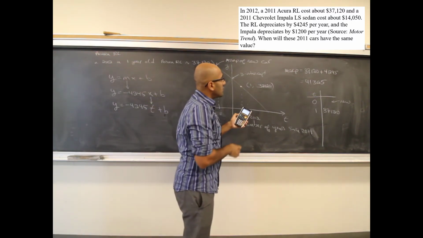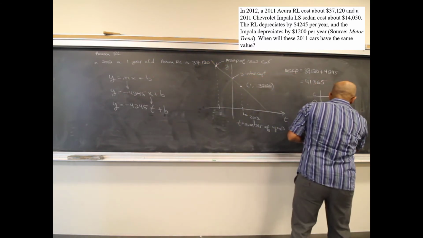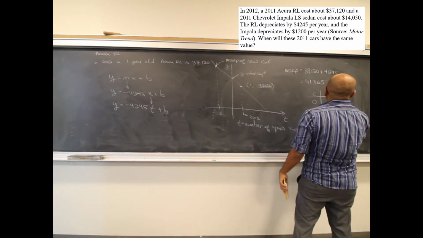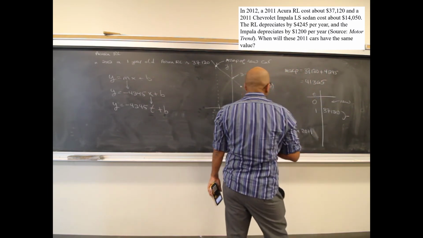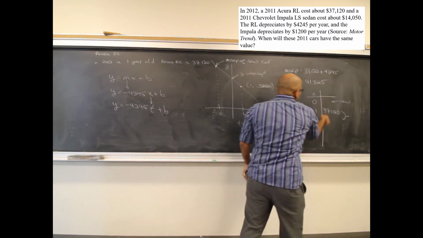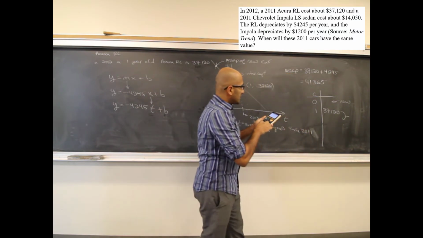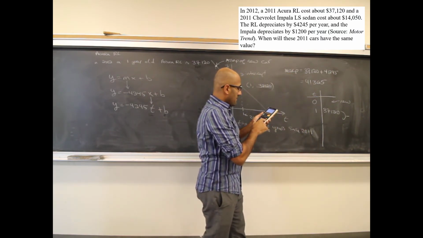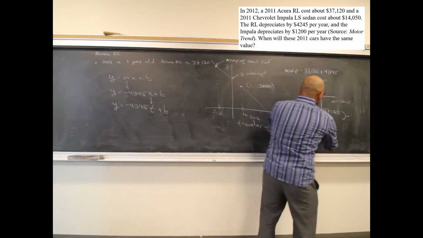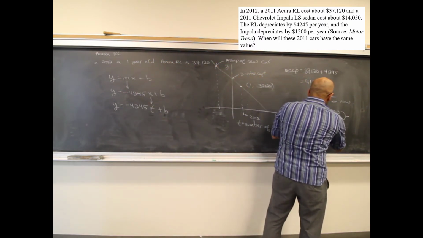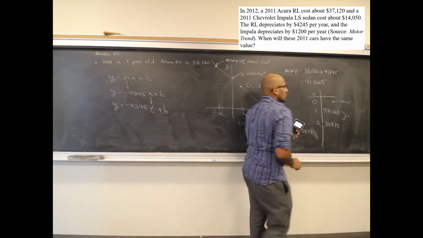So I know that from there to there, it's going to lose $4,245 from this step to this step. So 37,120 minus 4,245. I know the next one is going to be 32,875 after 2 years.